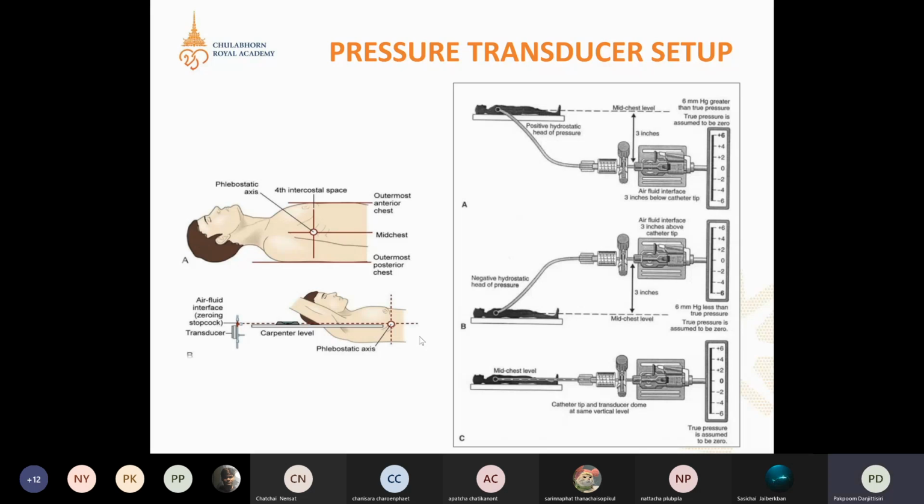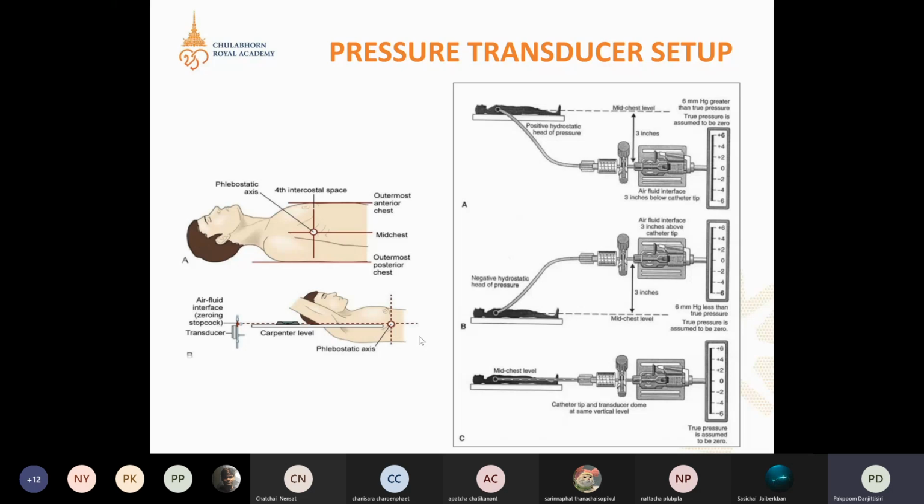I'm sorry, I'm wrong. If you place the pressure transducer higher than the actual level, you will definitely get a higher pressure. Every 10 centimeters higher than the actual level, the pressure will increase about 7.4 millimeters of mercury.